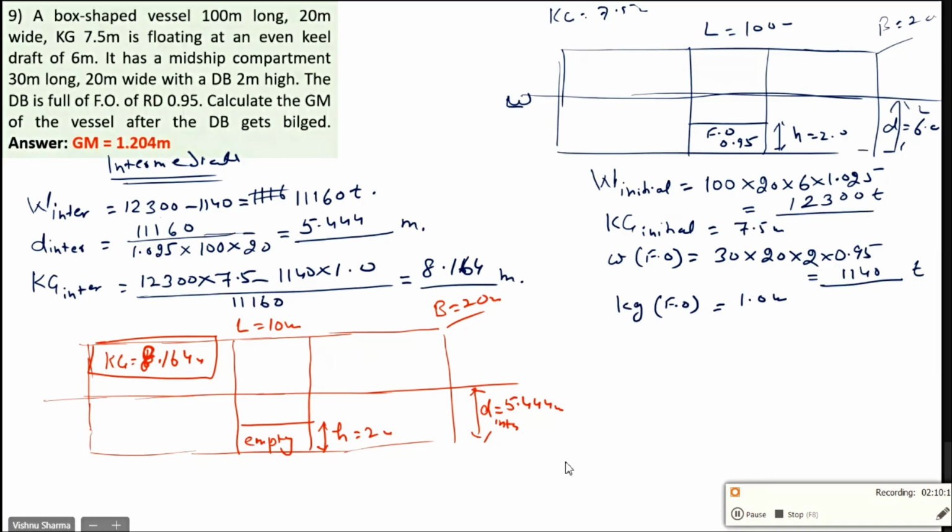Both will have seawater, and the remaining ship was the same. So now the two ships have come to exactly identical condition after bilging, and therefore whatever will be the stability of the red ship would be the bilged condition for the blue ship as well. Do you agree with it, guys?